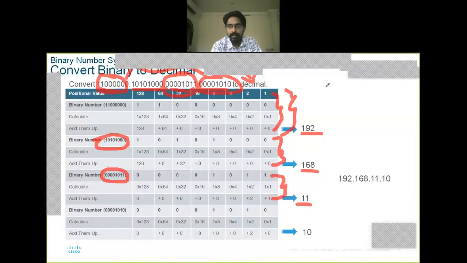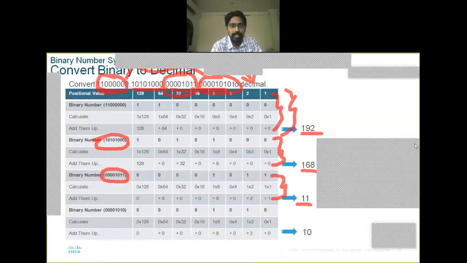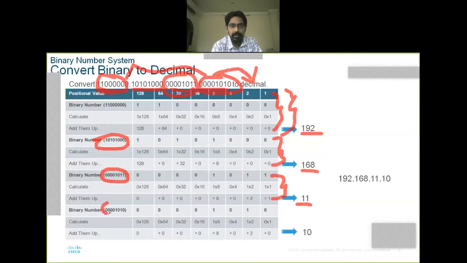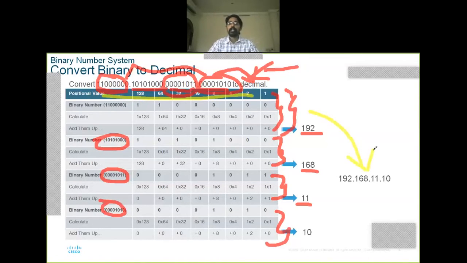Now what is the value we are getting after conversion? 10, right? So the complete decimal value for this complete binary number is 192.168.11.10. Got my point? So I think you got that.